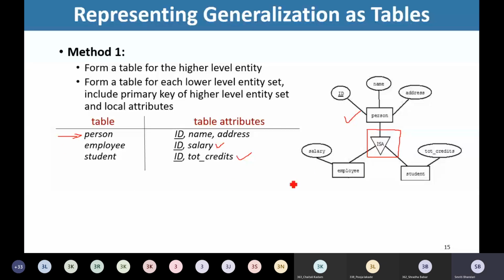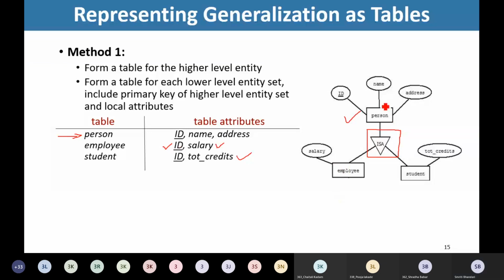So in my employee table, I will have salary, which is its own attribute. In addition, I will have ID, which is the primary key of the higher level entity set. And why do I need this ID in this table also?